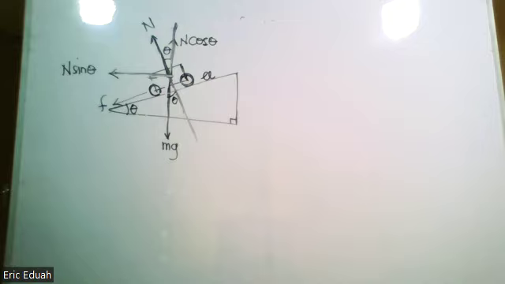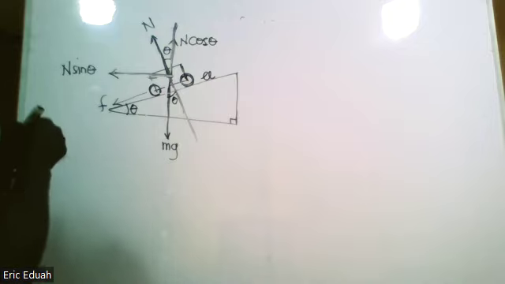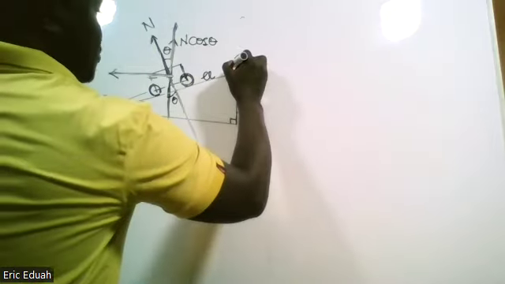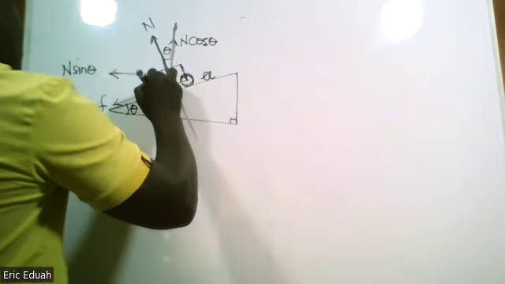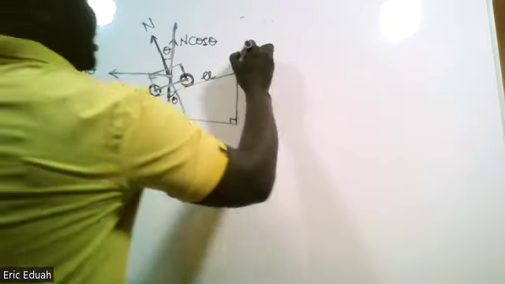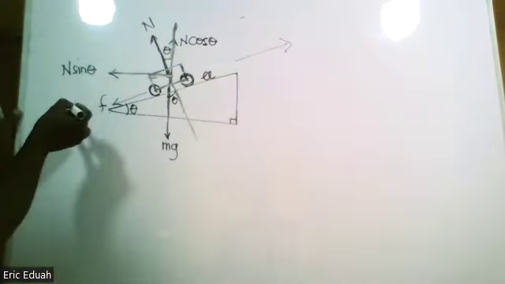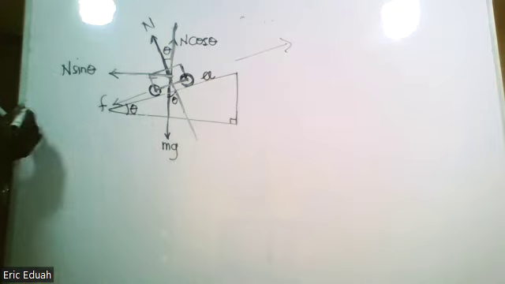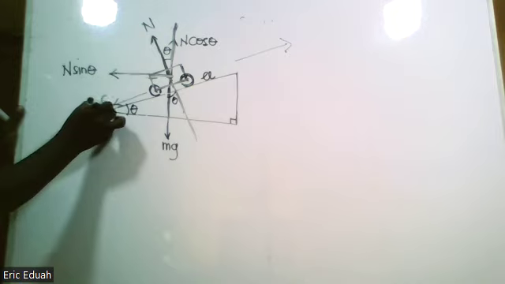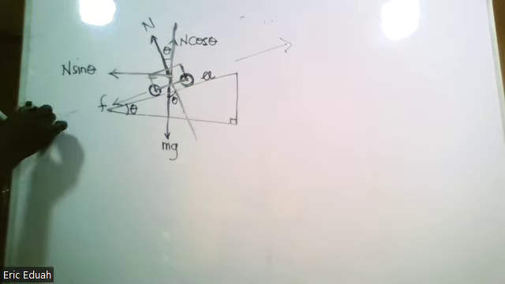Now look at something. Centrifugal force tries to move the car from the circular path in this direction, and the centripetal force also tries to bring the car to the center of the circle in this direction.